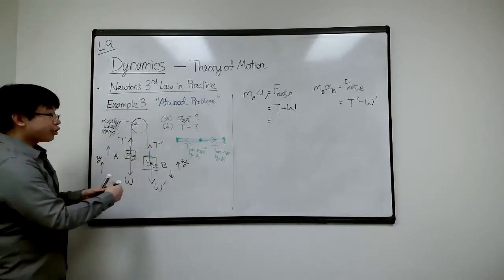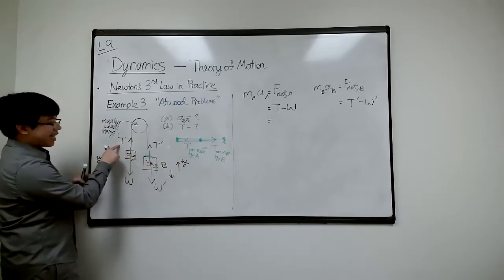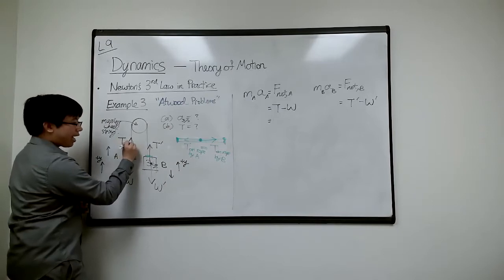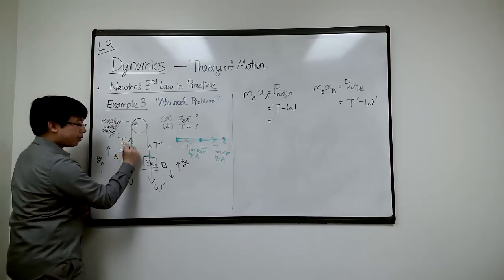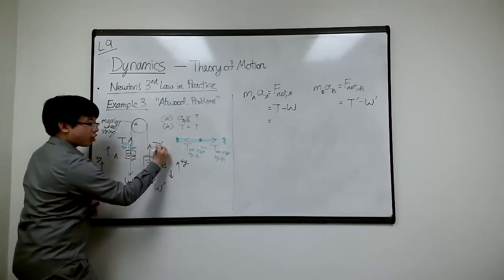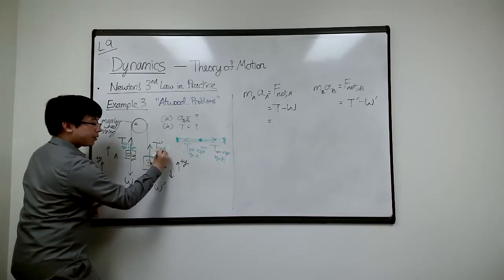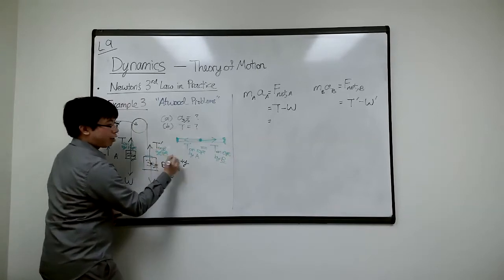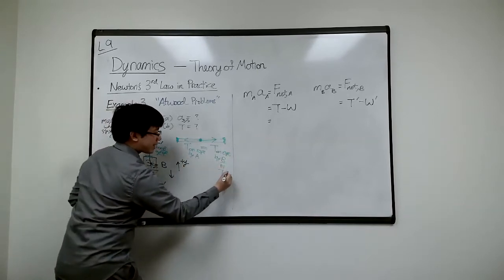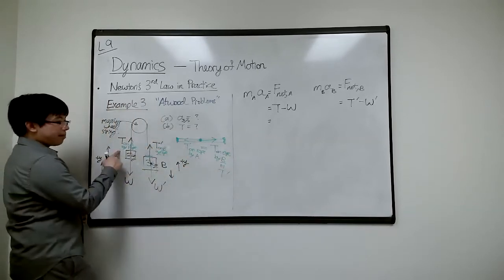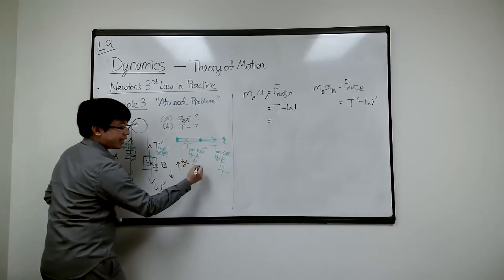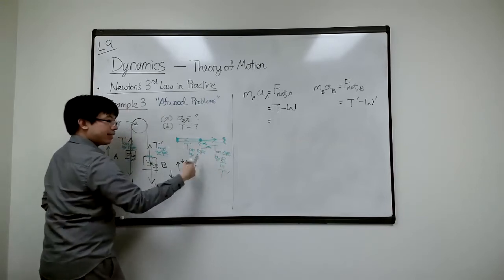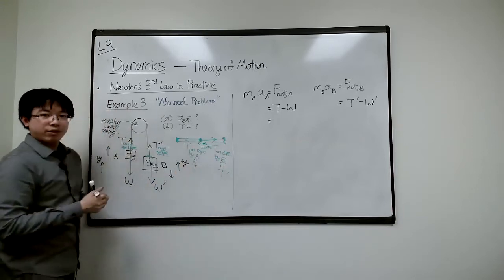And this is the tension on A by rope, and this is the tension on B by rope. So on rope by B, on B by rope, by third law, that's identical to T prime. By third law, that's identical to T. That means by second law, these two are equal, so T is equal to T prime.